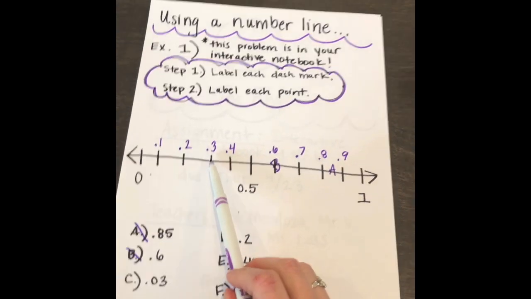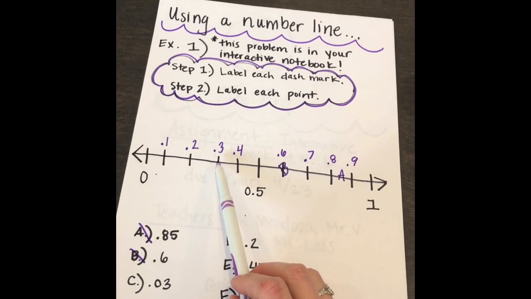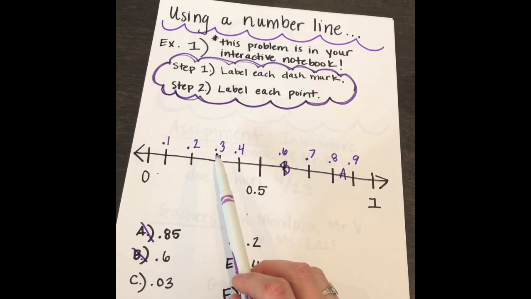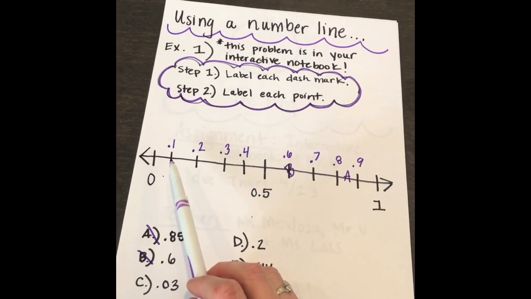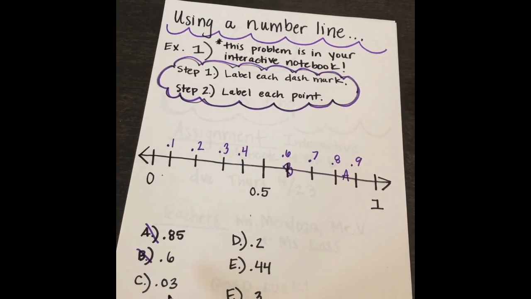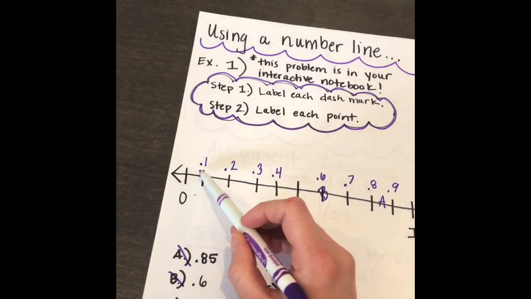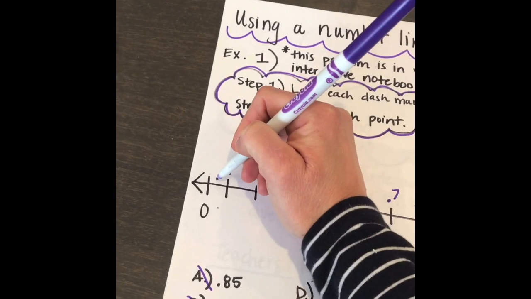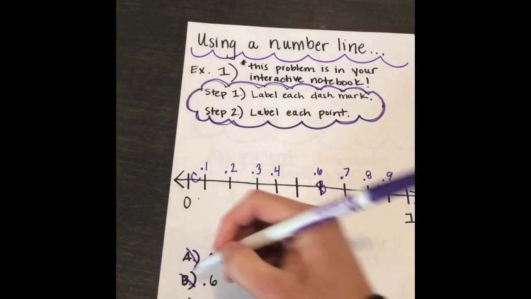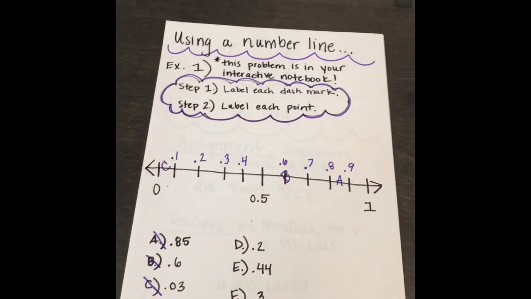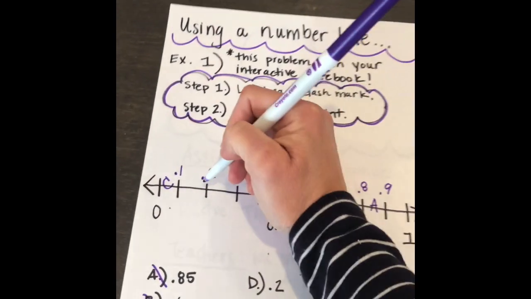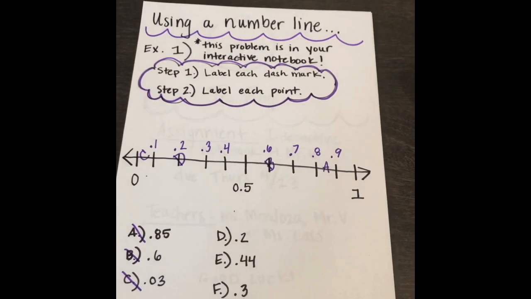Placing it here at 3/10 would actually be incorrect. We want to make sure that we're placing it below 1/10 because it is even smaller. So this is actually going to be placed between our 0 and our 0.1. Now, D, 0.2. Luckily, we've already placed that. We can put our D labeled there.